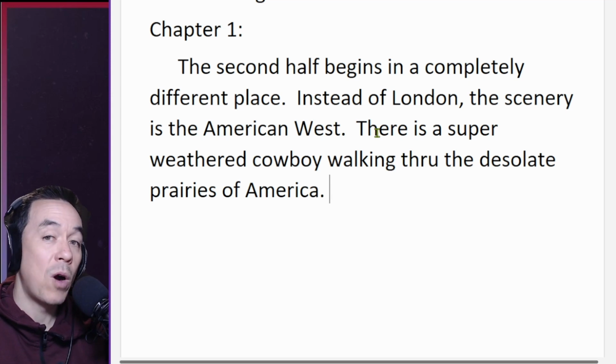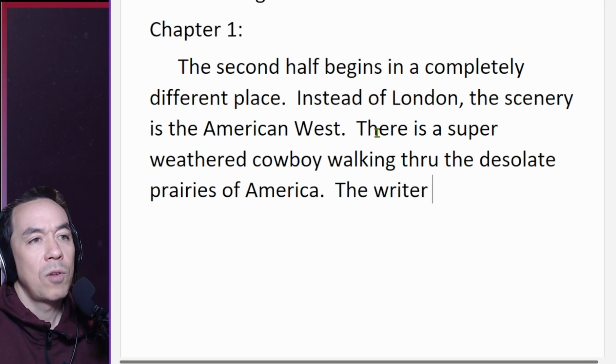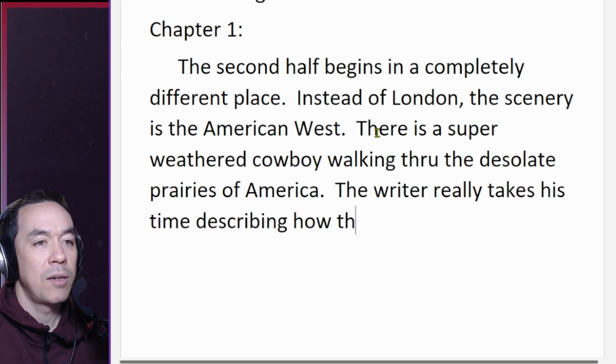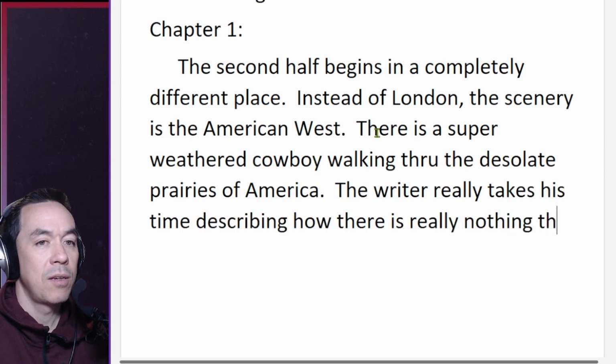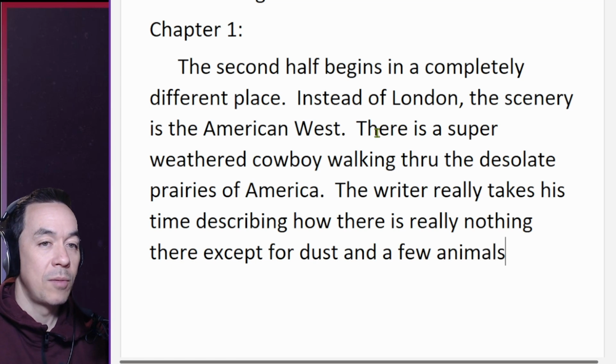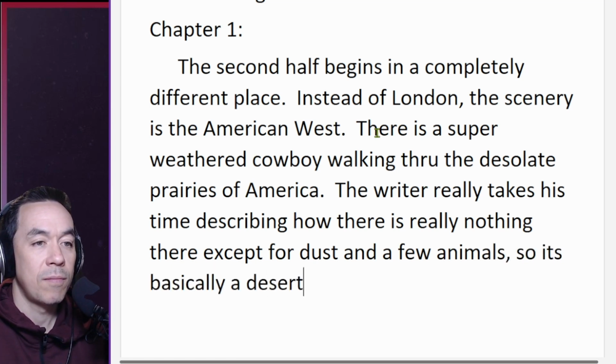Maybe Wyoming or Nebraska. The writer really takes his time describing how there is really nothing there except for dust and a few animals. So it's basically a desert.